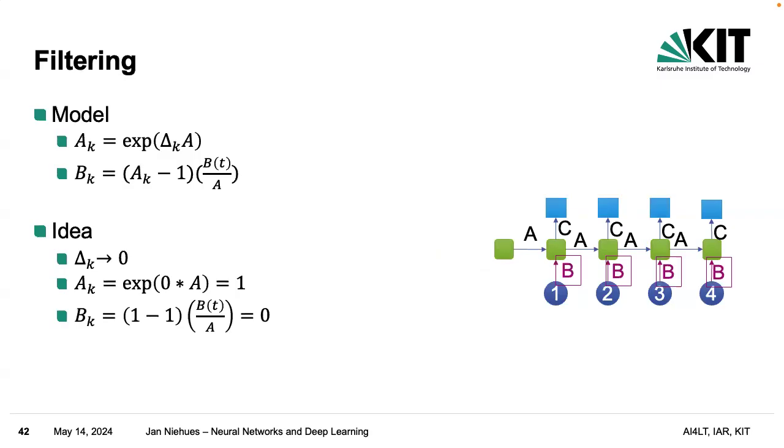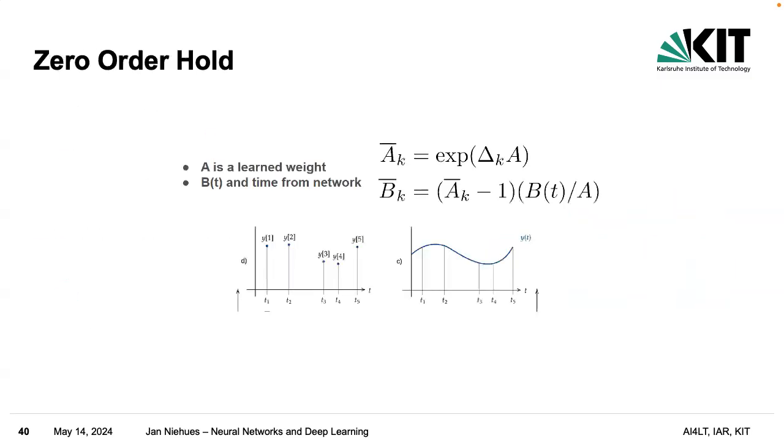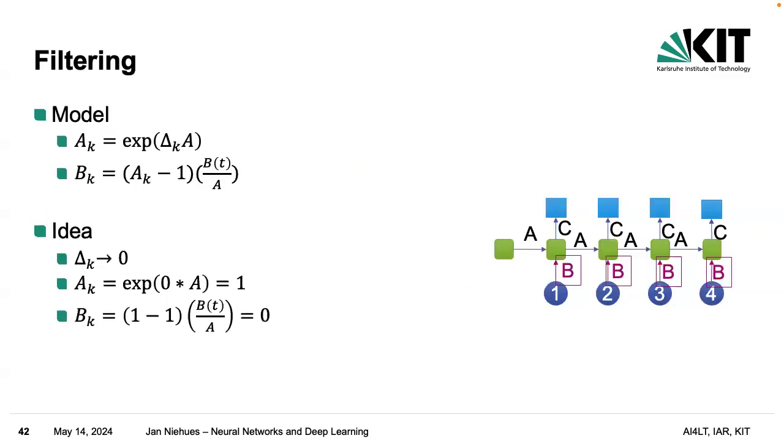So A is 1, but B in this case is then 0, so we would just ignore B. By having the definition from before of how we define our AK and BK, we can now still do the filtering by learning a delta K which is very near to 0.